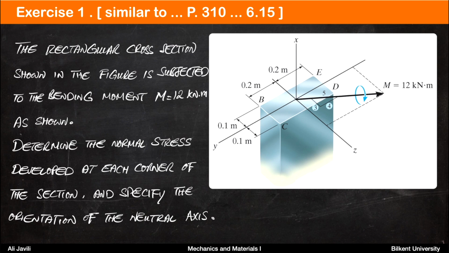The rectangular cross-section shown in the figure is subjected to the bending moment of 12 kilonewton meter as shown. Determine the normal stress developed at each corner of the section and specify the orientation of the neutral axis.